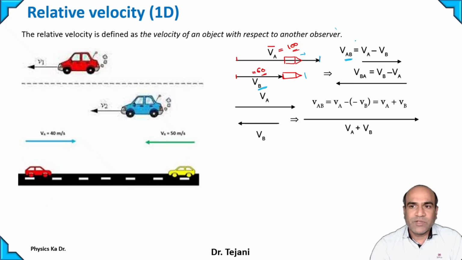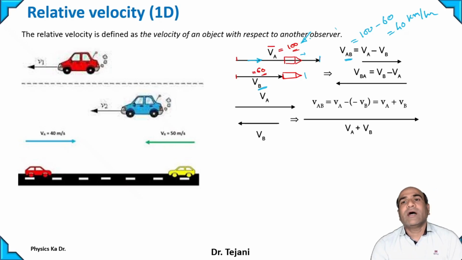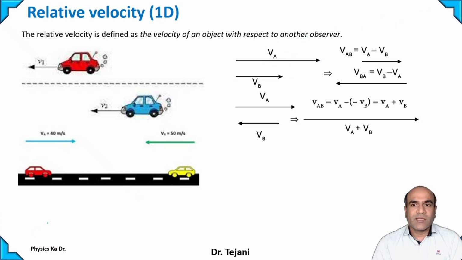If you put in the values, it is 100 minus 60 is equal to 40 kilometer per hour. Right. So during this overtaking, the car which runs at 100 kilometer per hour observes that the other car has 40 kilometer per hour relative velocity. That is the relative velocity.